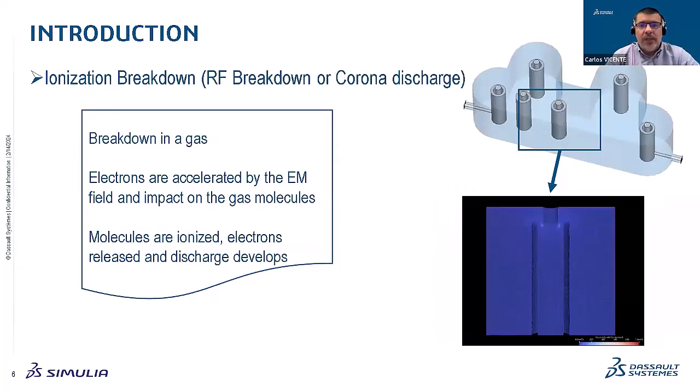Regarding corona or ionization breakdown, it is somehow similar and somehow totally different, because in this case it can only occur under gas conditions. Again, electrons, which can come from any source, are accelerated by the electromagnetic field within the component. But in this case, the high energy electrons impact on the gas molecules, ionizing them.